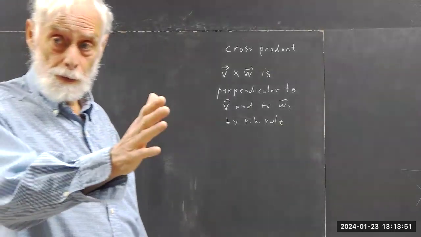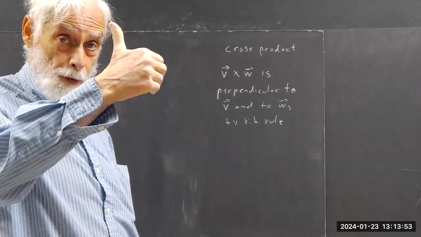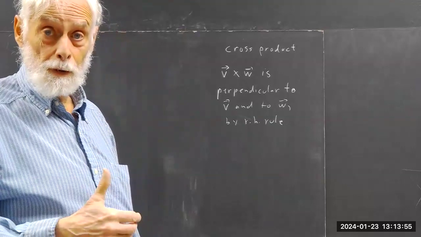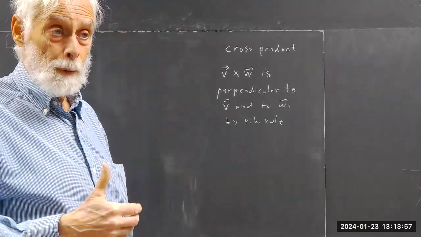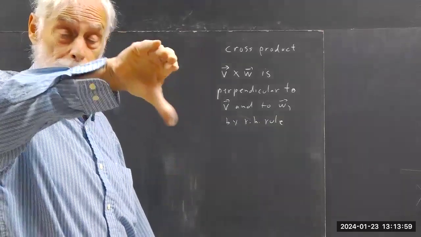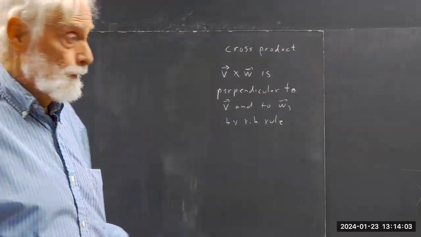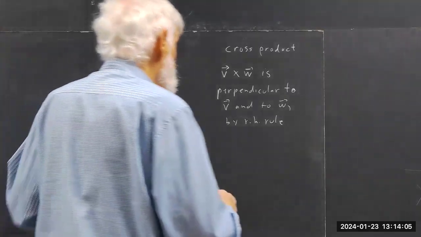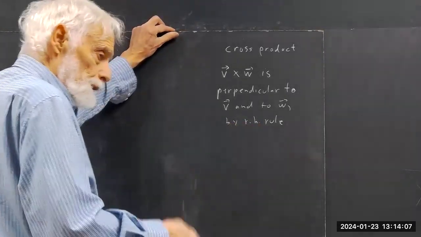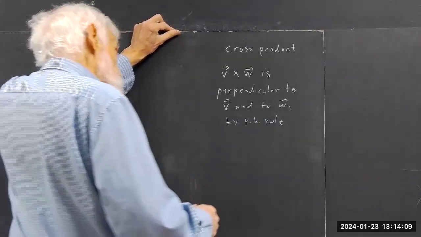You just put your fingers in the direction of V, turn it toward W, and there's the direction of V cross W. If you do W cross V, you have to turn your hand like this, and it's going to be negative, in the opposite direction of V cross W. So the right-hand rule tells you which direction it is.